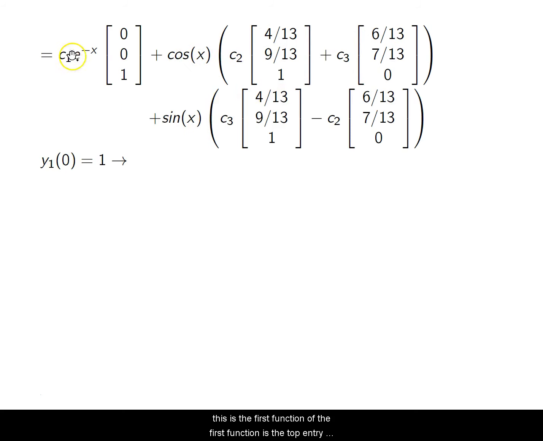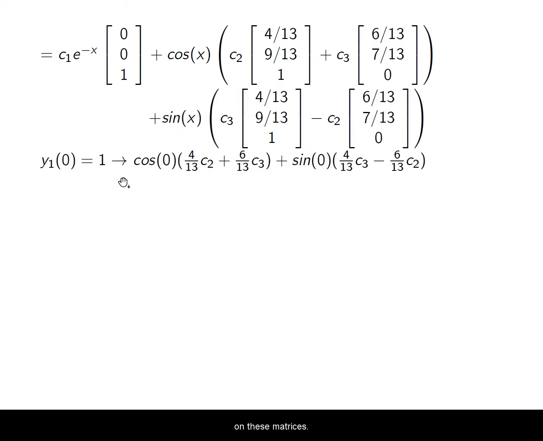Remember, the first function is the top entry on these matrices. If I plug everything in, cosine of 0 is 1, sine of 0 is 0, so this whole thing will go away, and I'm left with this equaling 1.